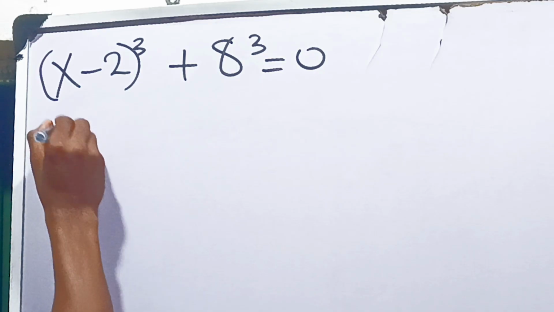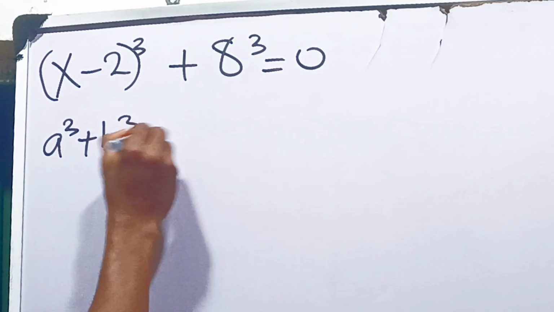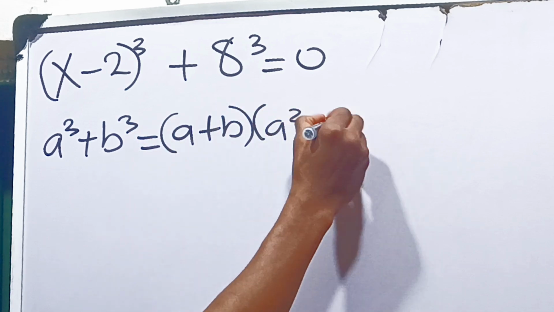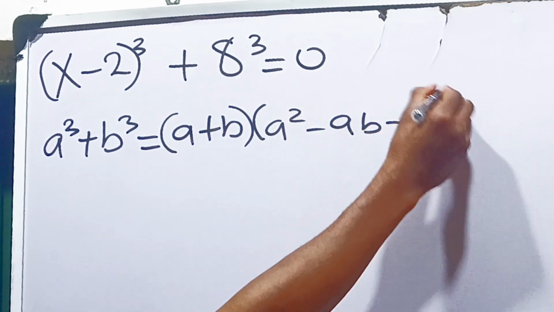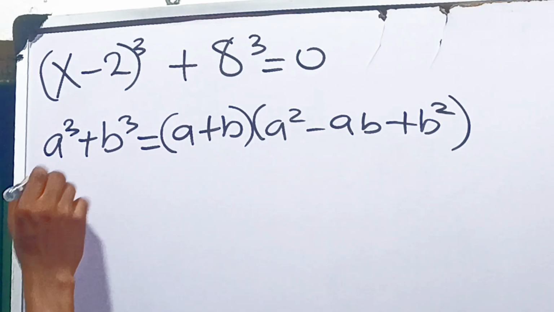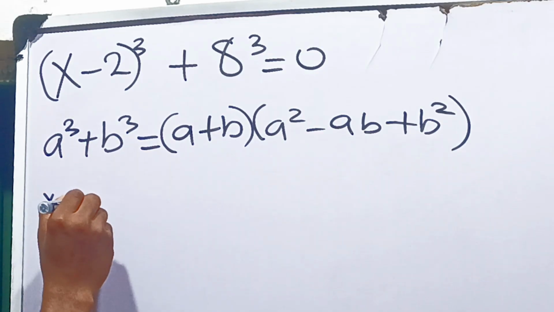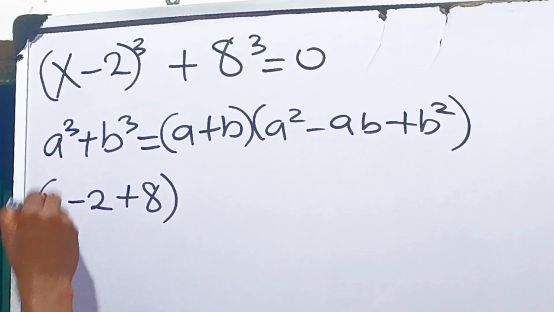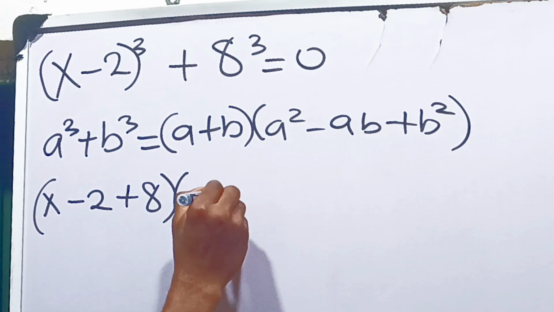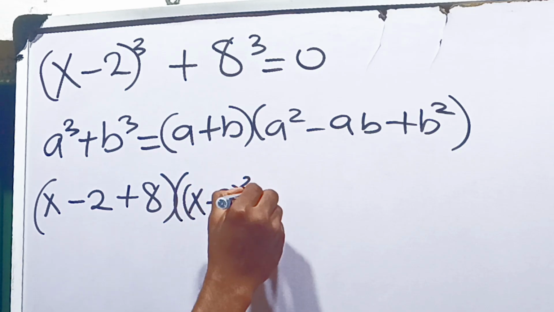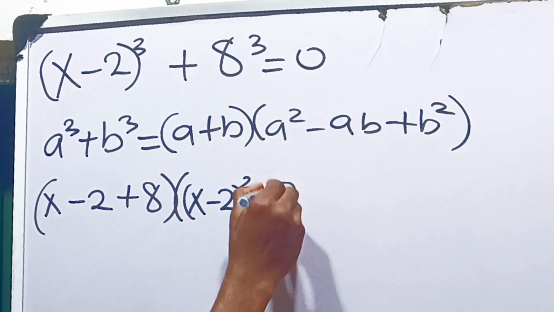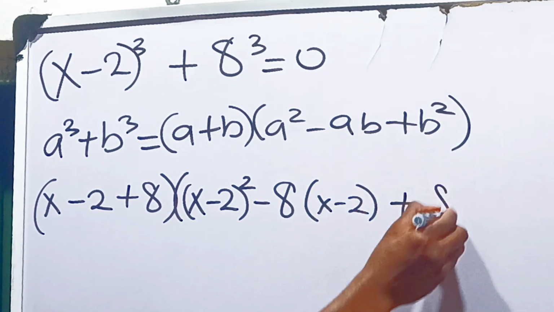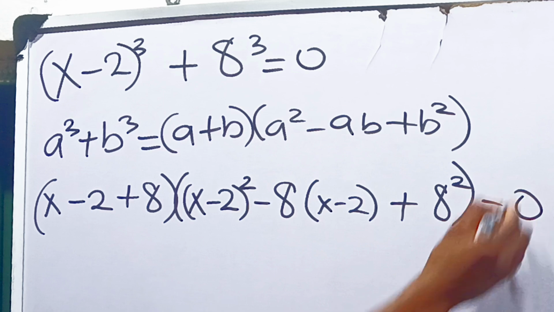When you have a cubed plus b cubed, it is equal to a plus b multiplied by a squared minus ab plus b squared. Applying this law here, we're going to have that this is (x − 2 + 8) multiplied by ((x − 2)^2 − 8(x − 2) + 8^2) to be equal to 0.